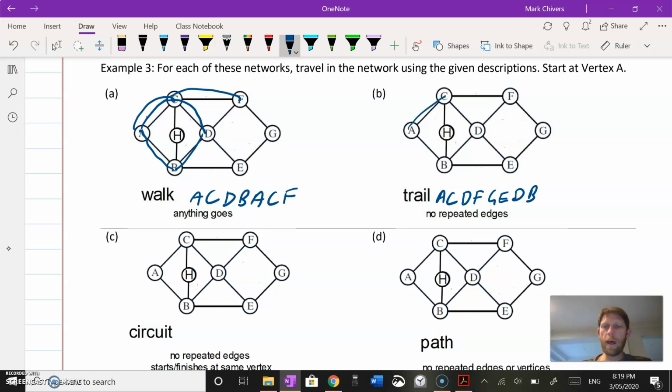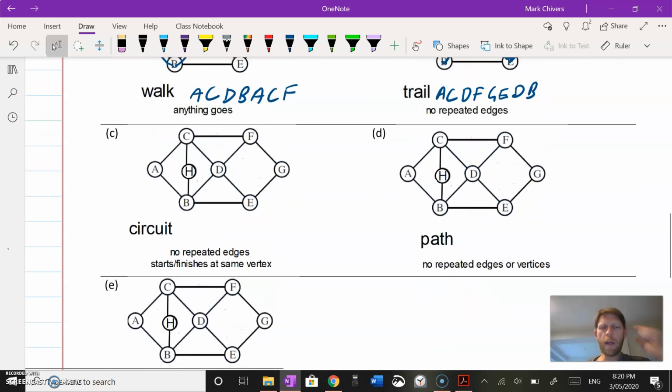We go A to C, C to D, D onto F, then onto G, onto E. Now we're going back to D. Although we've been to that vertex before, we're not going to use any of the edges we used before. And we're going to go to B. So that's perfectly acceptable. Although we went back to D, we used that vertex again. With a trail, it's only edges we're not allowed to repeat, and we didn't copy any of the edges. We didn't do anything like in that first example between A and C.